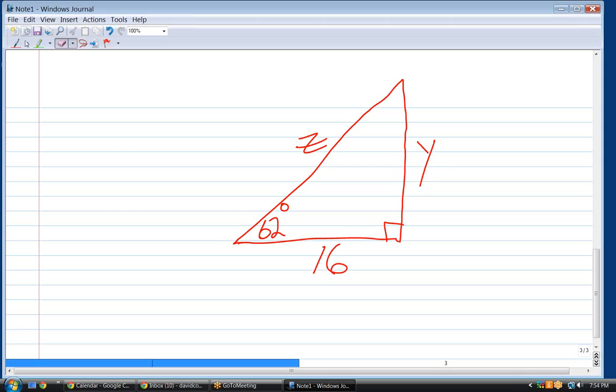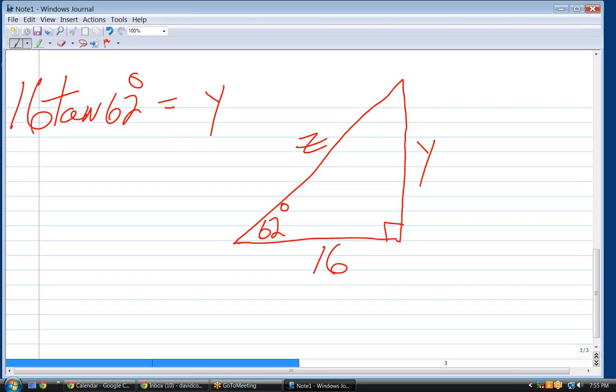We'll do two separate problems. Let's solve for y first. What trig function relates y and 16? Tangent. So we've got the tangent of 62 degrees equals y over 16, so y equals 16 times tangent of 62 degrees.